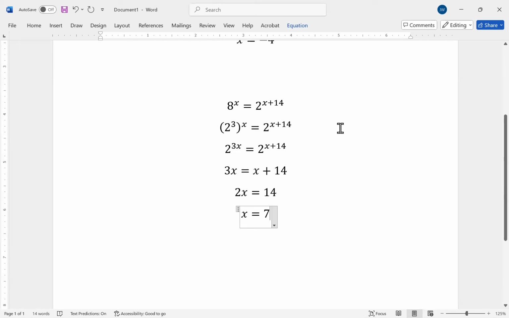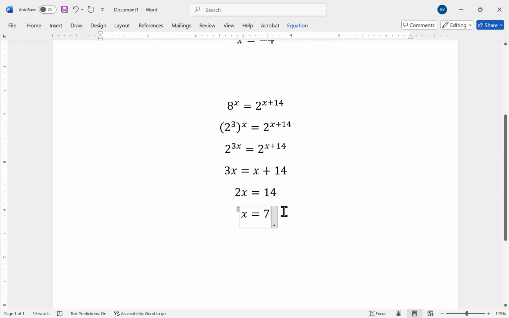And you could calculate that on both sides. 8 raised to the 7th power is 2,097,152. And then 2 raised to the 21st power, because 7 plus 14 would be 21, would give you that exact same number, 2,097,152.